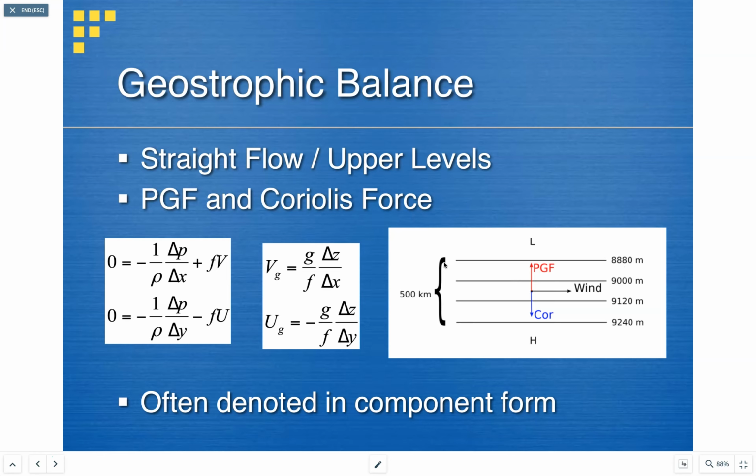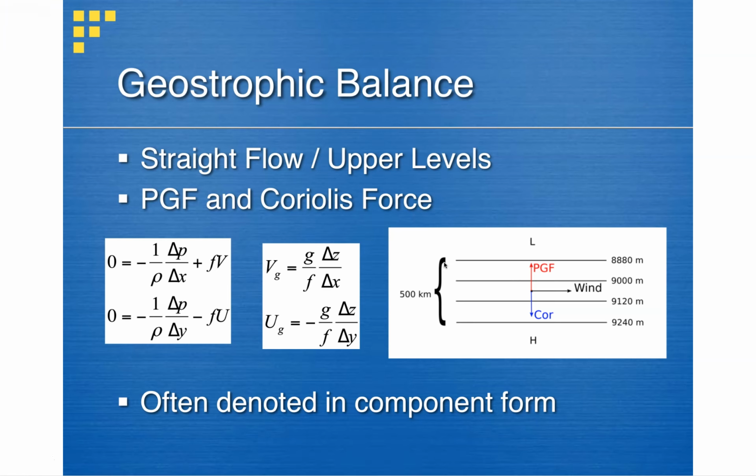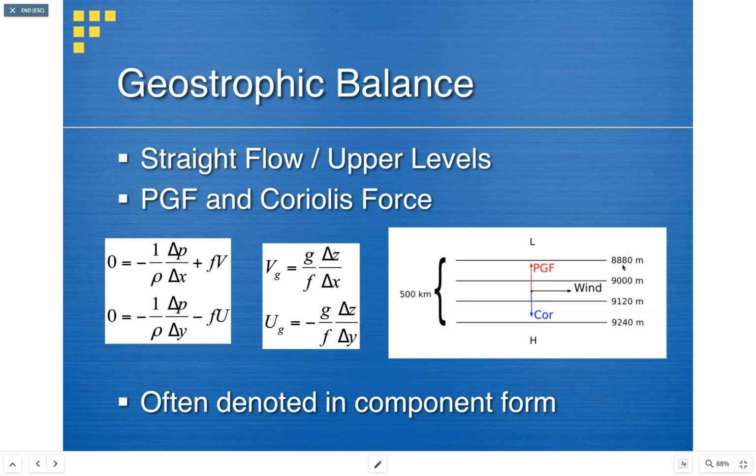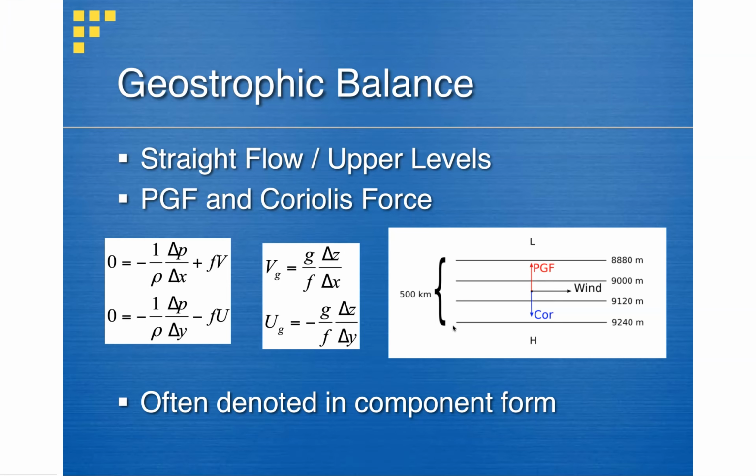But if we were thinking more classically, with our typical XY coordinate system here, we would do 8880 minus 9240 with 0 minus 500. We just always want to make sure we're doing that differencing in the correct manner in order to get our sign to work out correctly.